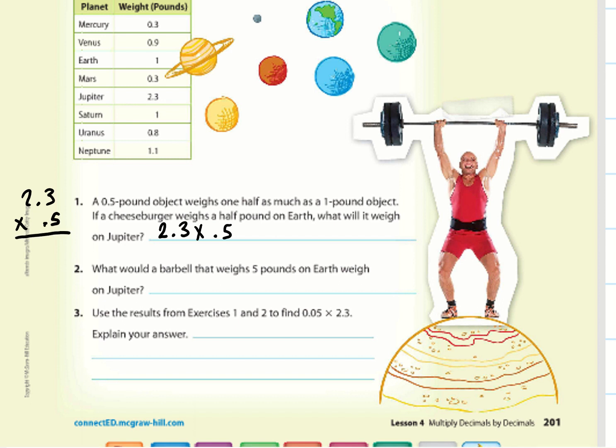So it's actually going to be the same method as yesterday. We have one number to the right of the decimal, and on the bottom we also have another number to the right of the decimal. So after multiplying this out, since we have two numbers to the right of the decimal, we're going to make two loops, and we're going to come up with the answer of 1.15 pounds.